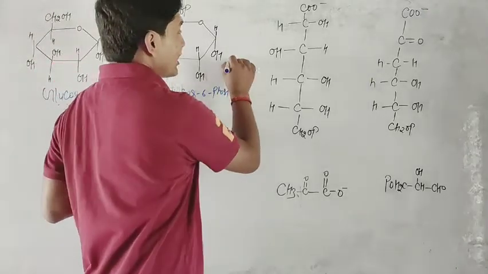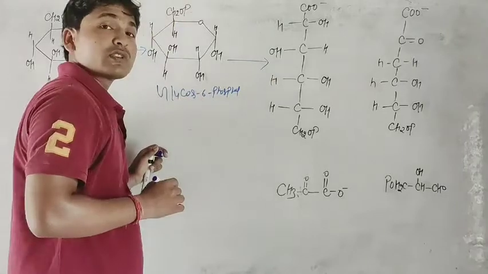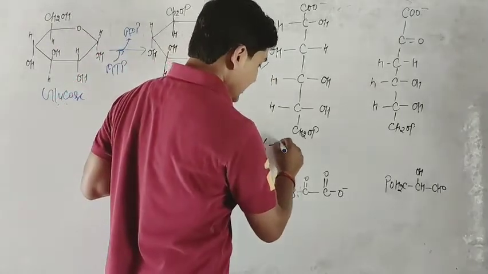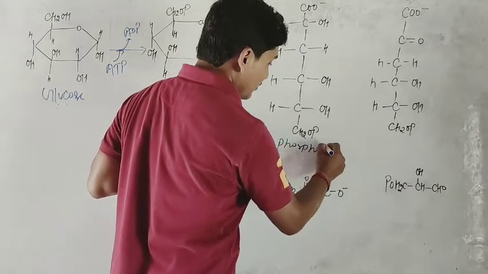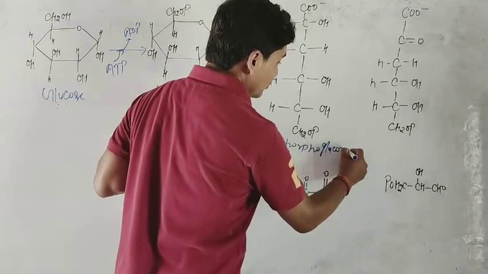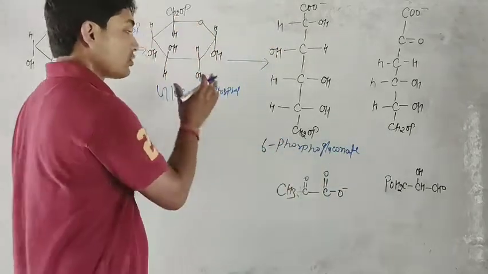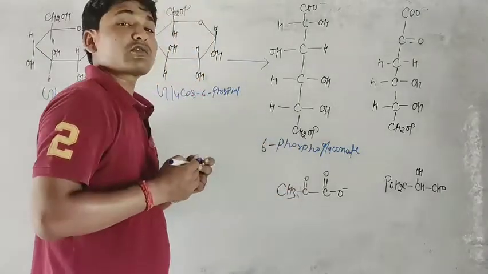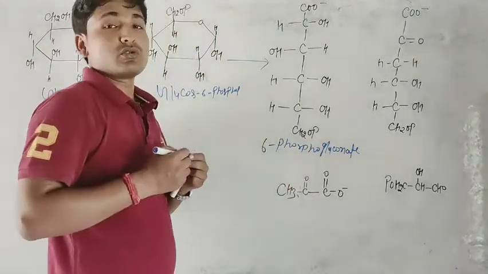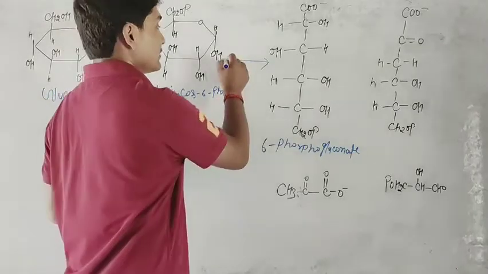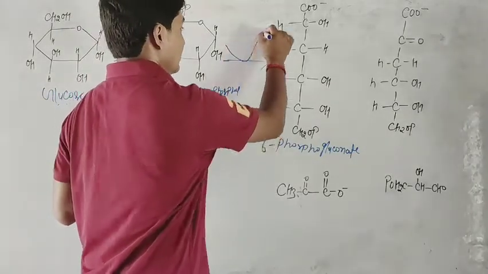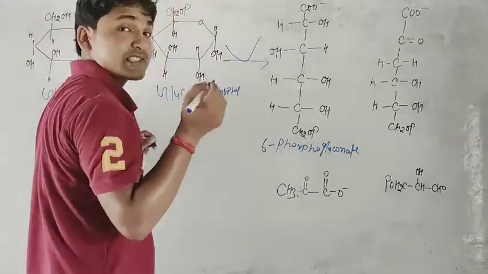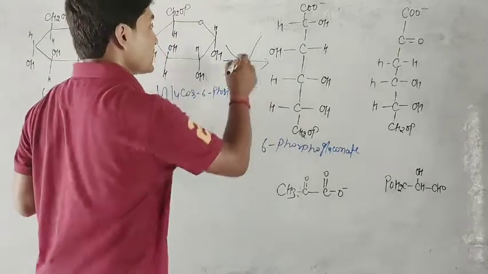Glucose 6-phosphate is oxidized into 6-phosphogluconate, catalyzed by the enzyme glucose 6-phosphate dehydrogenase.